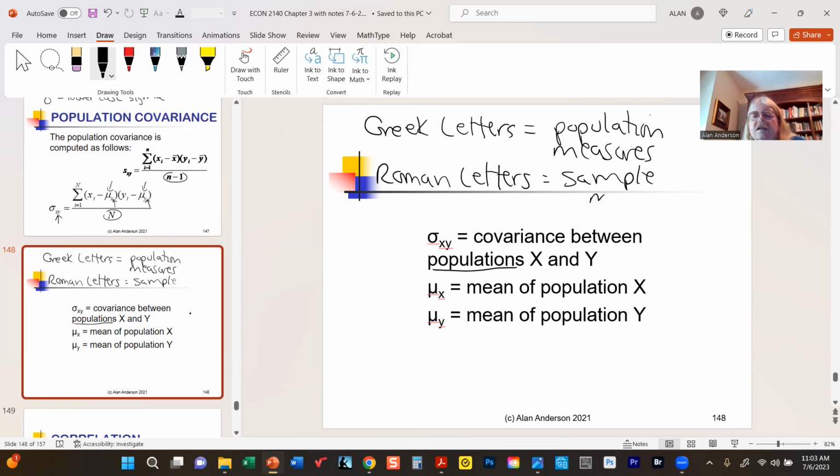That's how you can tell them apart. So this is the mean of population X and Y. And then I just want to throw in a quick reminder here, sigma by itself is the population standard deviation. There's no subscript because we're only looking at a single population.